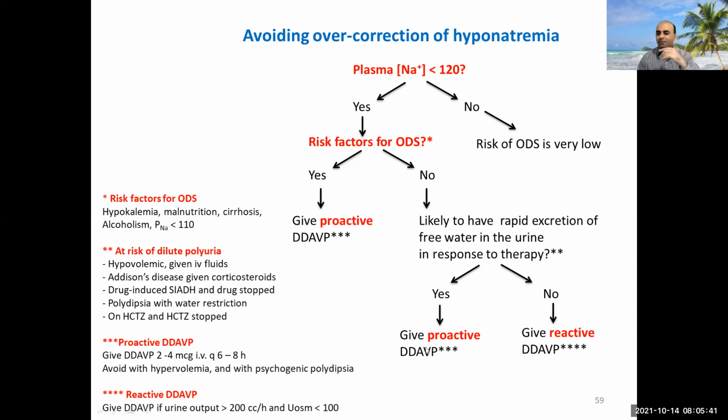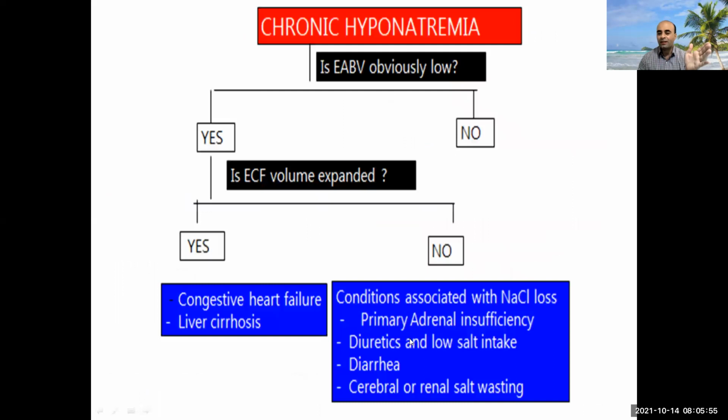If you have a high-risk patient, please give proactive prophylactic DDAVP or keep D5 water standby if you think your patient will go to overcorrection. If overcorrection has already happened, you should give DDAVP or D5 water. And we discussed all this in detail in the first presentation.